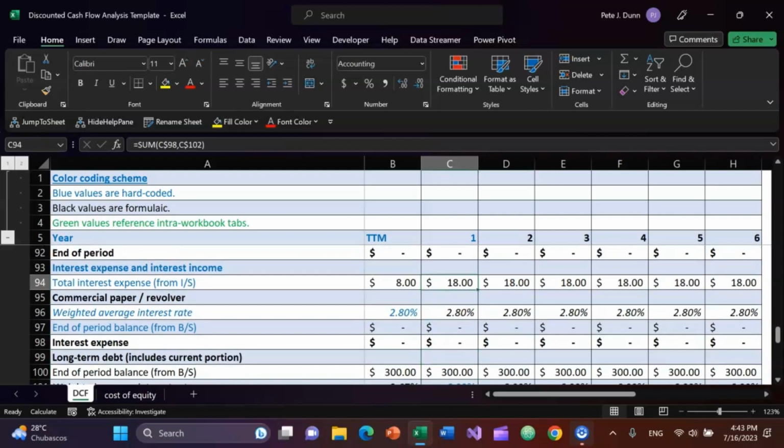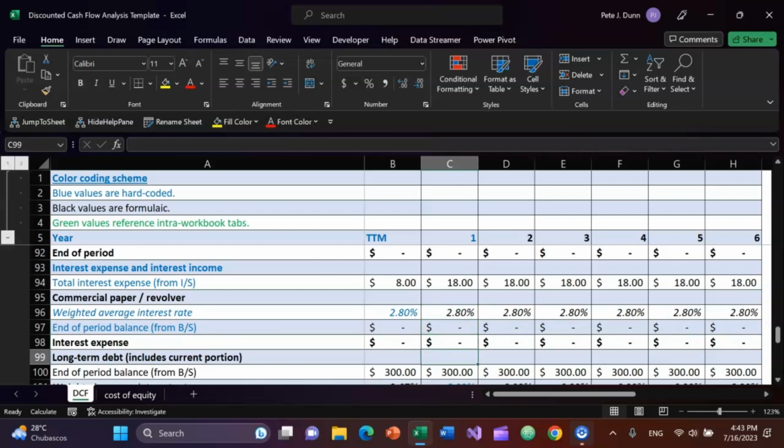Interest expense, that's equal to the total interest expense, which would be interest from debt and interest from revolver. The interest rate is going to be 2.8%, so that's the forecast, and you have the end of period balance from the balance sheet.